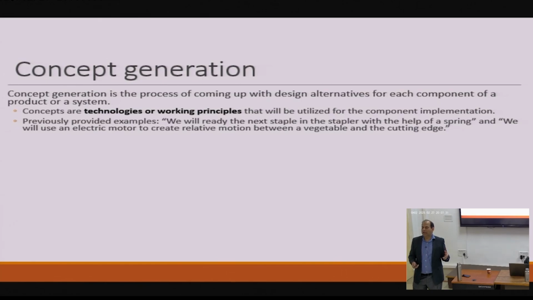If it's too high, then again we could have problems, maybe jamming is more likely. So all these things happen. Or we will use an electric motor to create relative motion between the vegetable and the cutting edge. You could say the working principle is hand, but the working principle could be an electric motor, or something else.